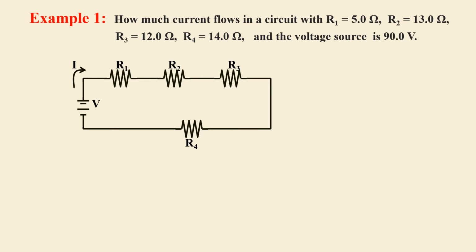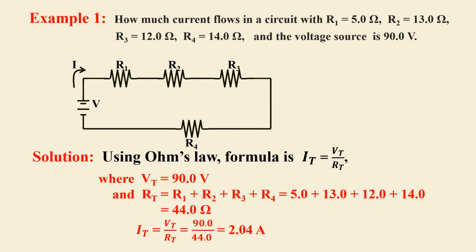So, using Ohm's law, the formula to find the current is I sub t equals V sub t over R sub t, where our total voltage is 90 volts. The total resistance is the sum of these resistances: 5 plus 13 plus 12 plus 14 equals 44 ohms. Therefore, the total current equals V sub t over R sub t. Substituting the values and simplifying, the answer is 2.04 amperes.